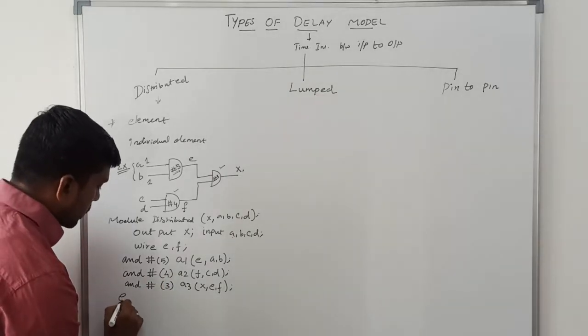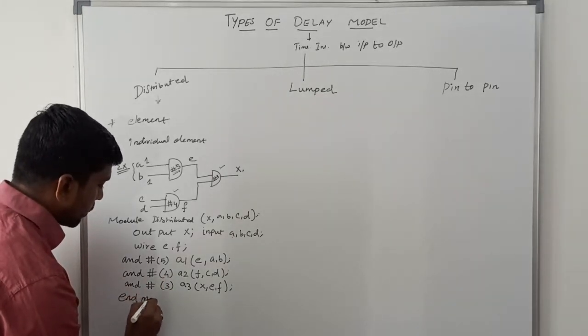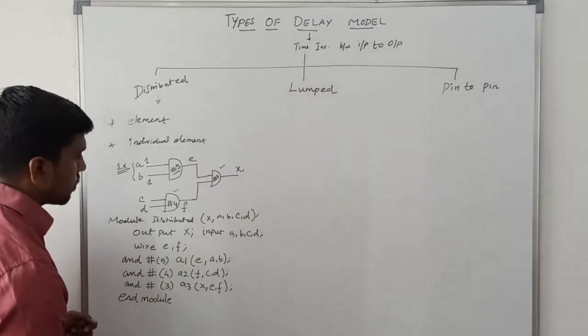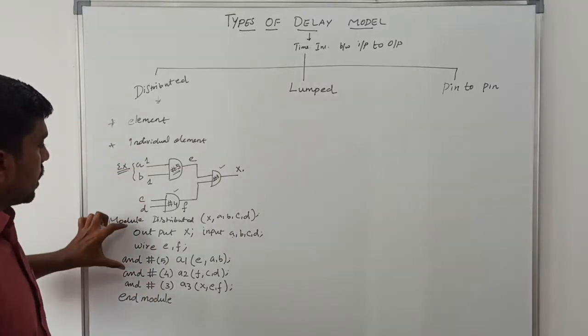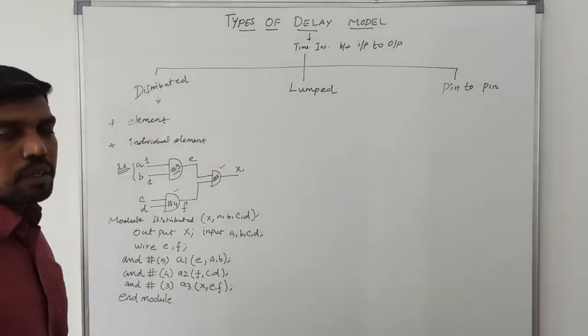The final statement is endmodule. So this is the example circuit and example program for the distributed delay model.